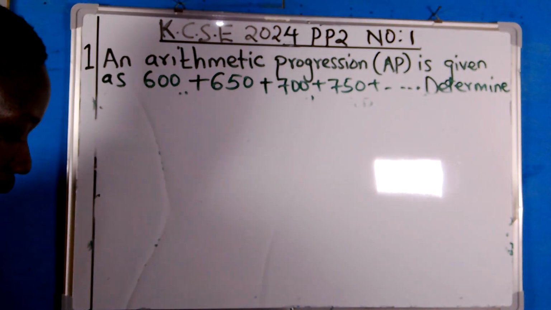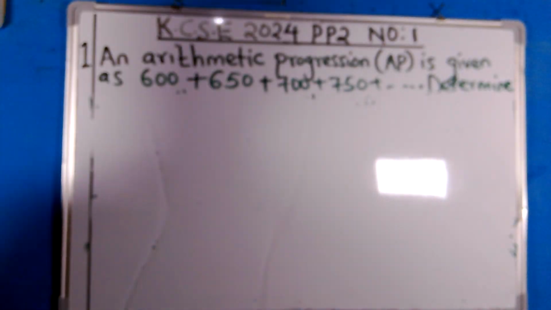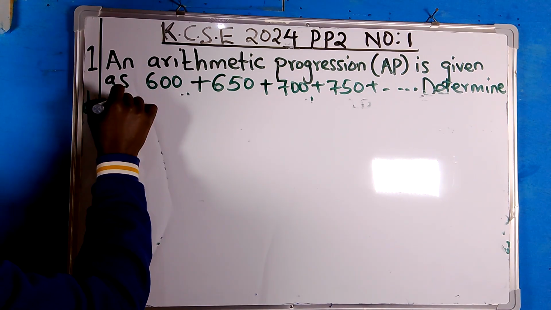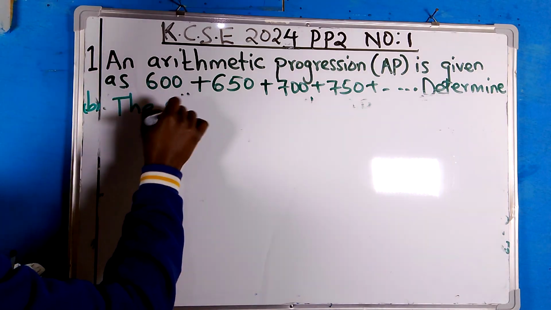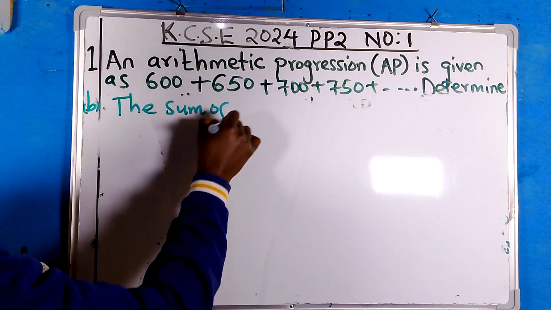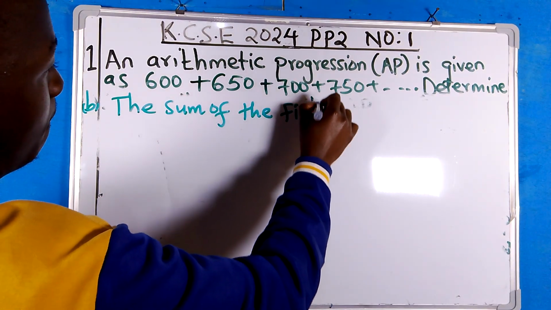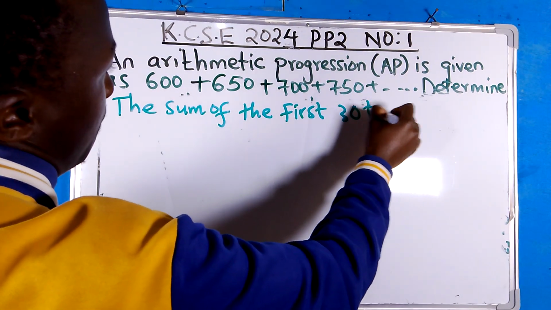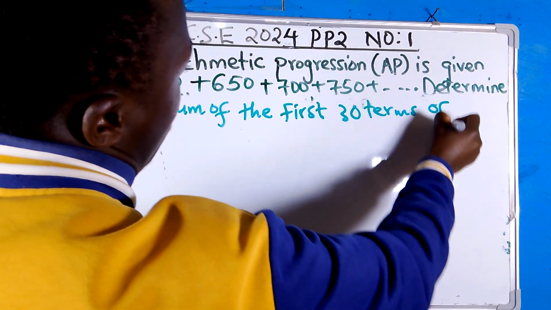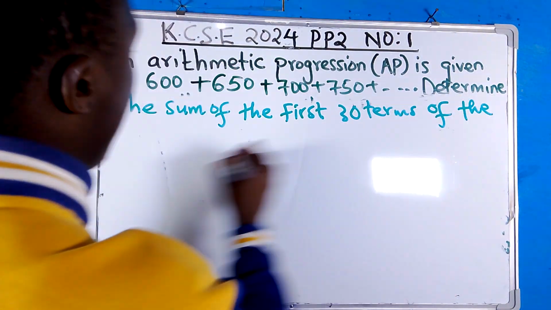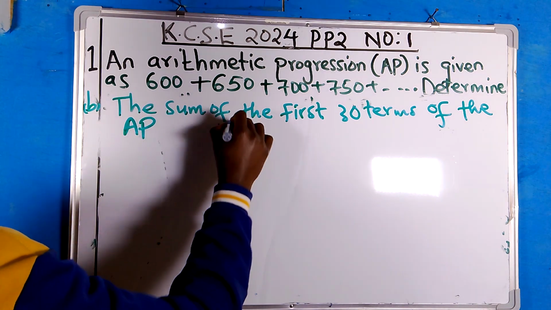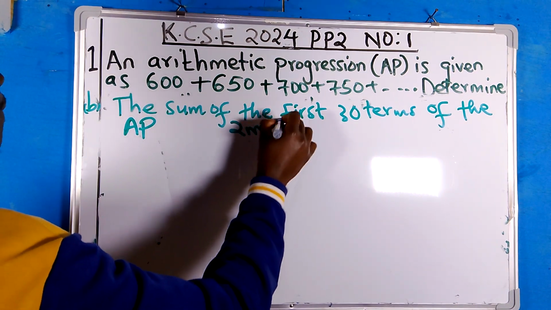So we have part B, the sum of the first 30 terms of the AP. That is still 2 marks.